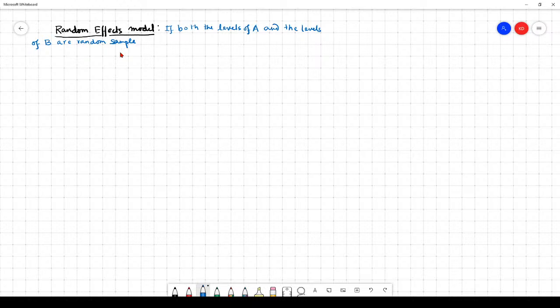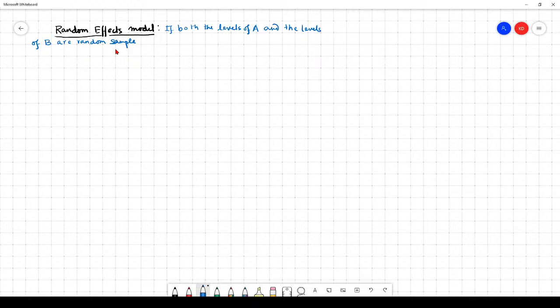This situation is called the random effect model, because in that case the effect of the levels is not fixed. This is random. For example, suppose we have 4 types of variety, then it is possible to consider all the varieties.